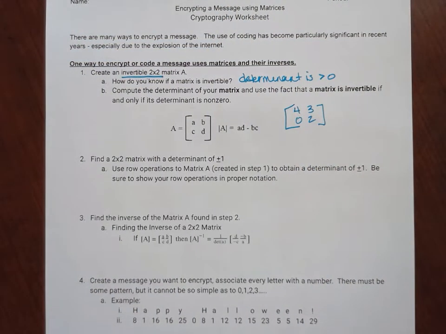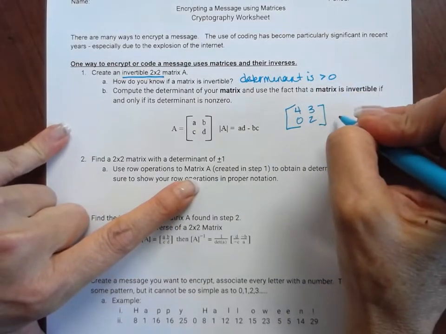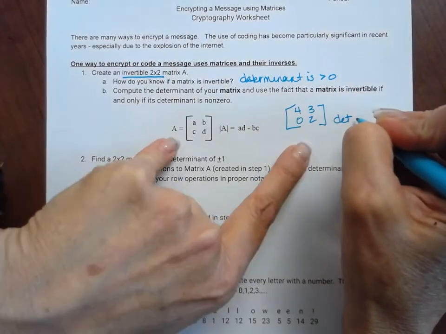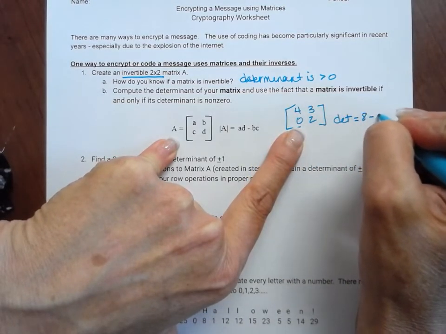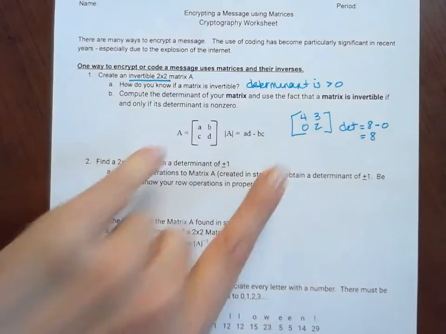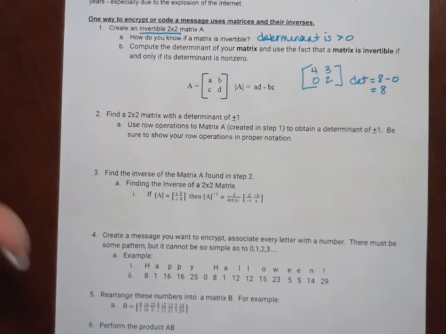Just made up numbers, all right? Now, my determinant for this is going to be 8 minus 0. Okay, awesome. So I can use this one.